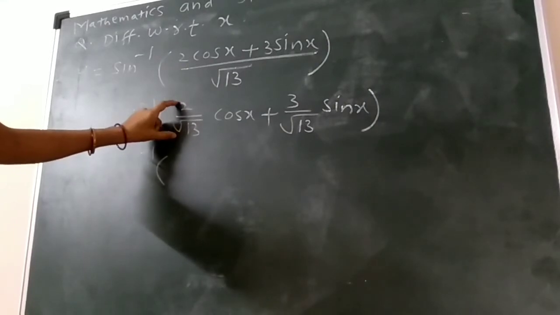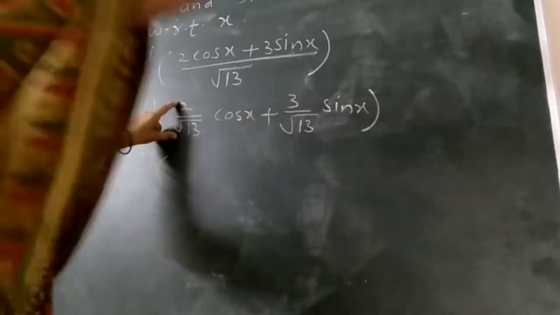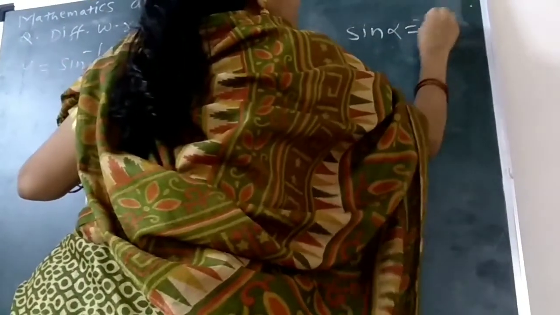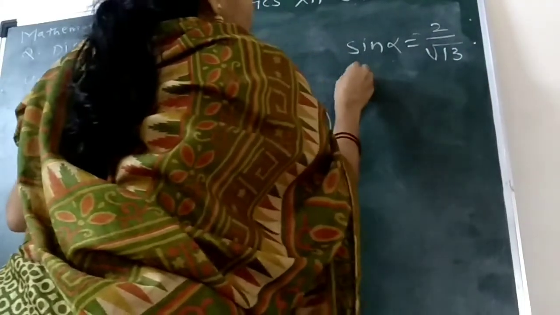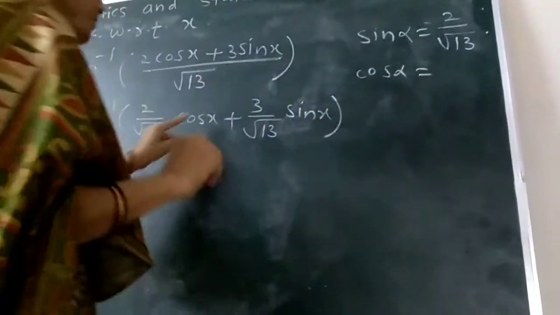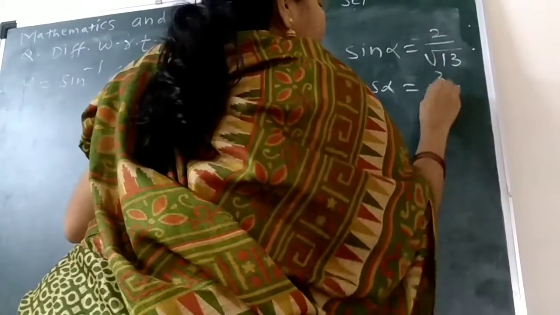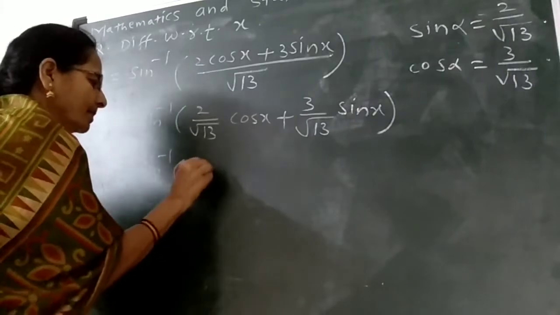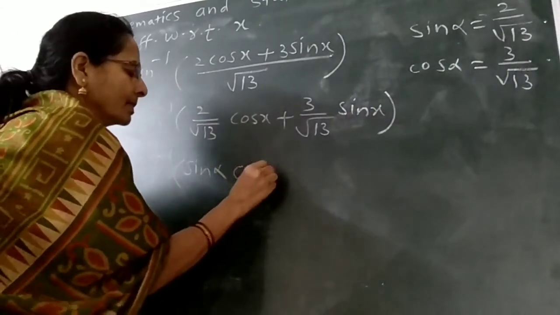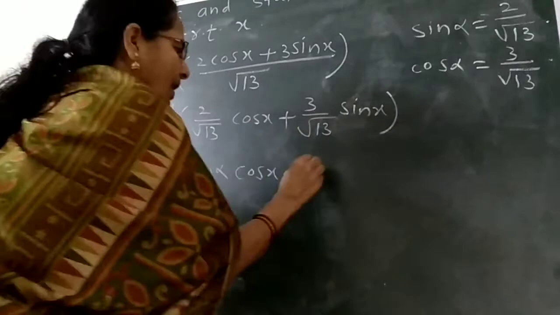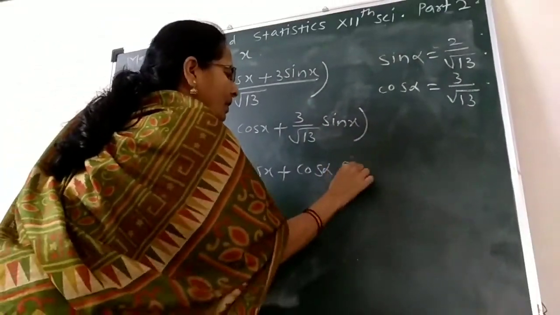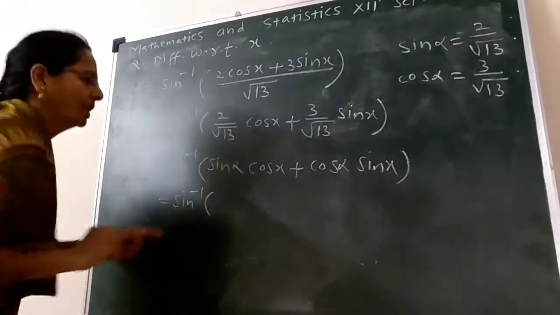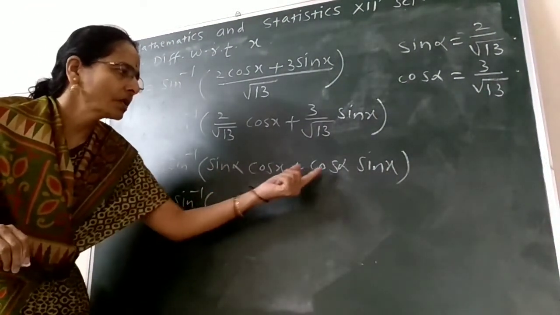If we take this as sin alpha, then cos alpha is equal to 3 upon root 13. So this is sin alpha cos x, this is cos alpha sin x. Sin inverse of sin alpha cos x plus cos alpha sin x.